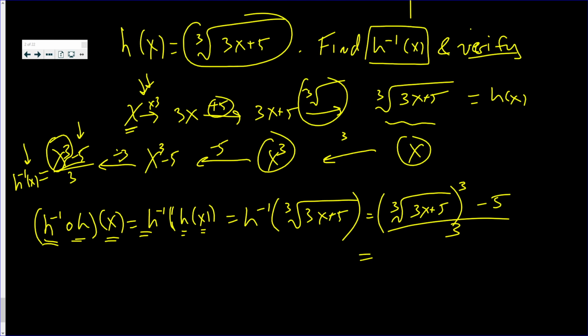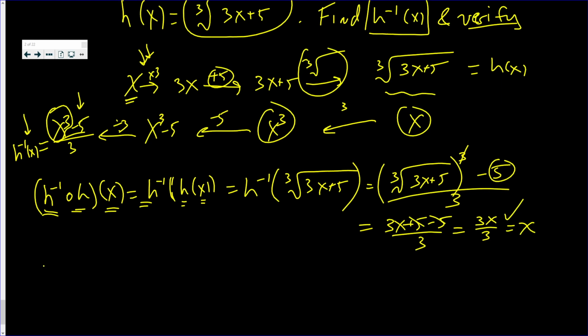Well, if you cube the cube root, you just get what's under the radical. Don't forget to take away 5 and divide by 3. The 5's cancel out to 0. So you have 3x over 3, which is x. Looking good.